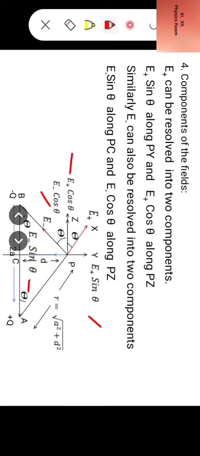E plus has two components, E plus sin theta along Py and E plus cos theta along Pz. Similarly, E minus has two components, E minus sin theta along PC and E minus cos theta along Pz. Now, how do we go to the resultant?